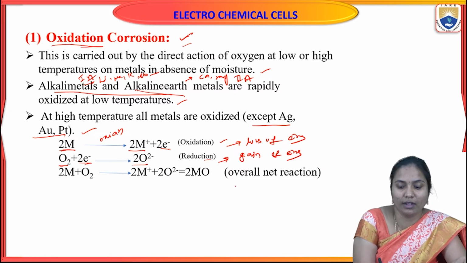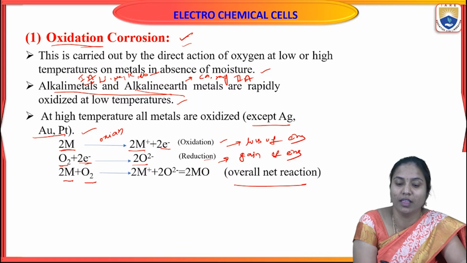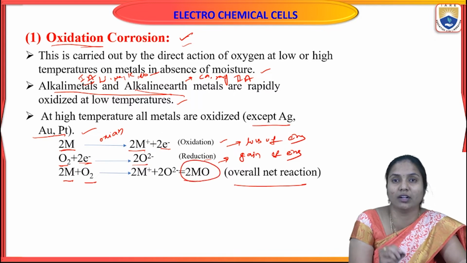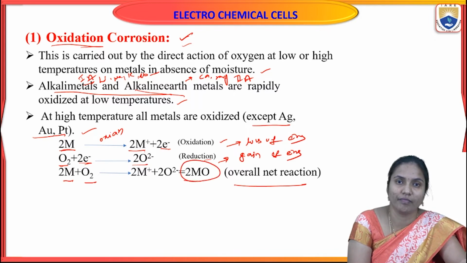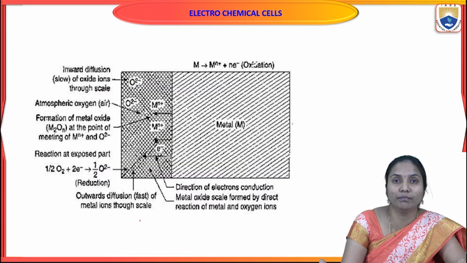So what is the overall net reaction in this oxidation corrosion? When the metal interacts with atmospheric oxygen, it forms a metal oxide layer on the metal surface. This metal oxide layer plays an important role in this oxidation corrosion.